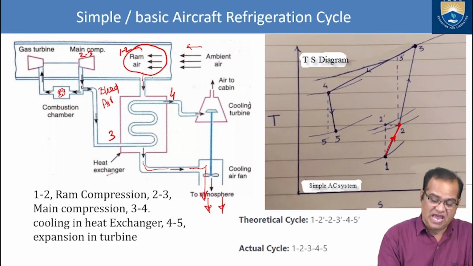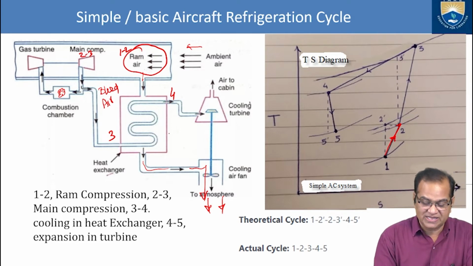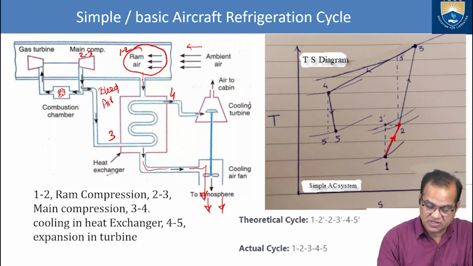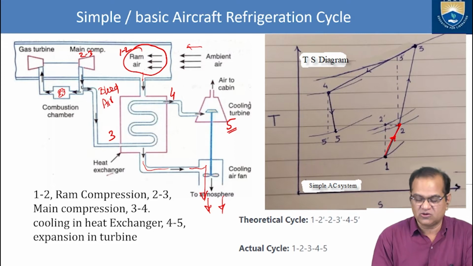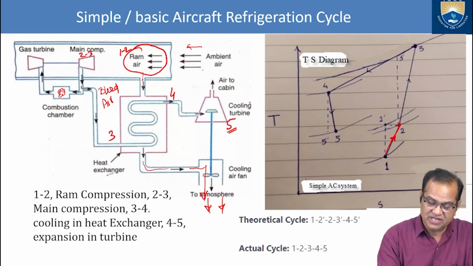This air which is coming from this compressor is somewhat cooled and then enters 4 to 5. 4 to 5 is a cooling turbine, used for further cooling.